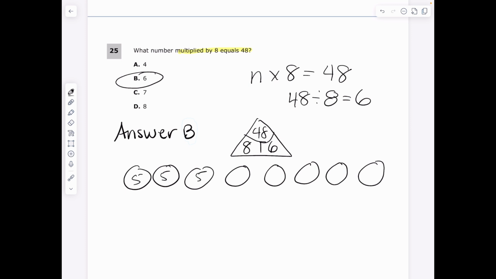Like if I had 5 in all of them, because skip counting by 5s is easy, I would have 5, 10, 15, 20, 25, 30, 35, 40. So 40 is really close. 41, 42, 43, 44, 45, 46, 47, 48. And they might add one more to say like it's 6.